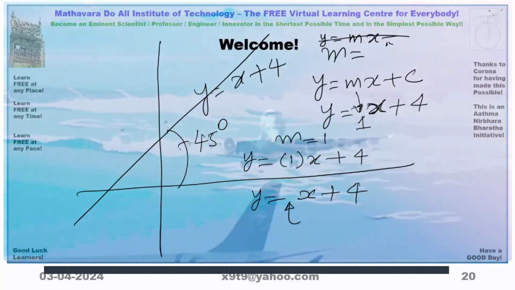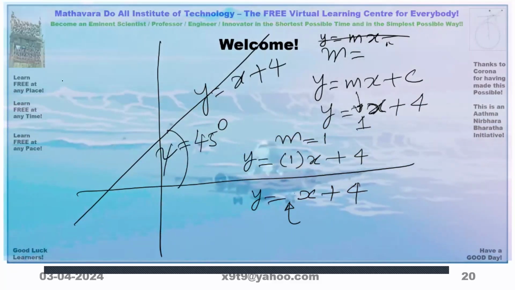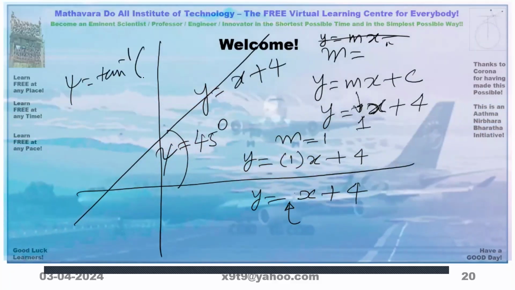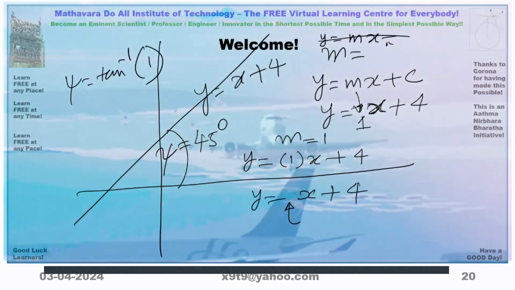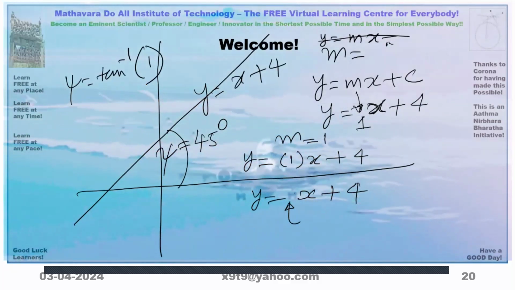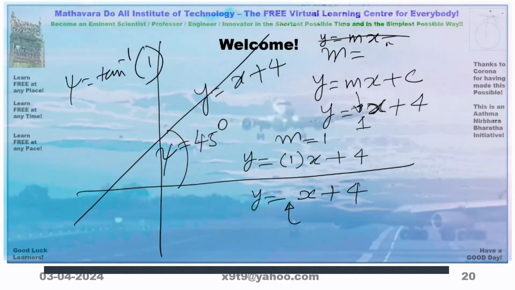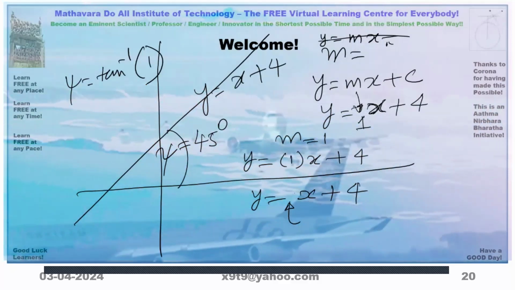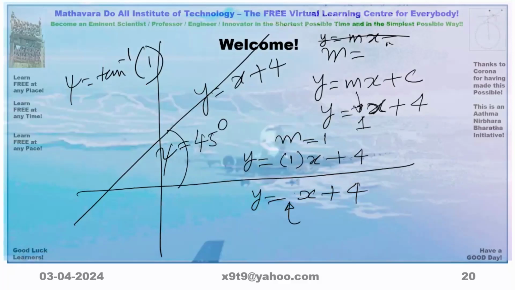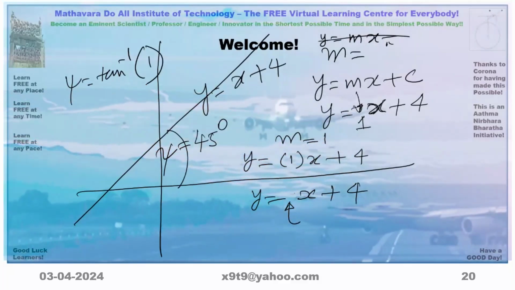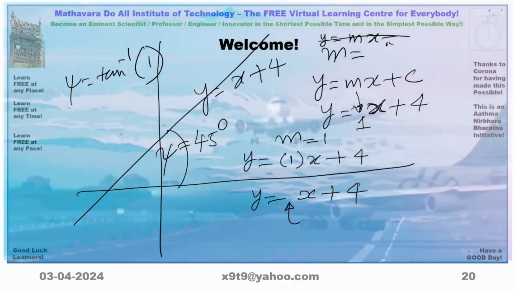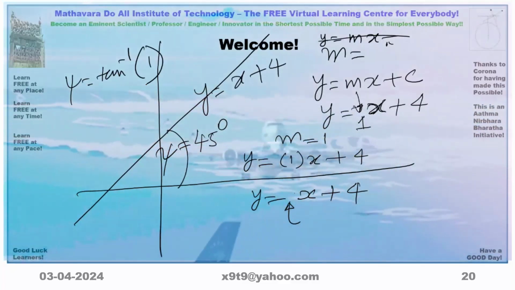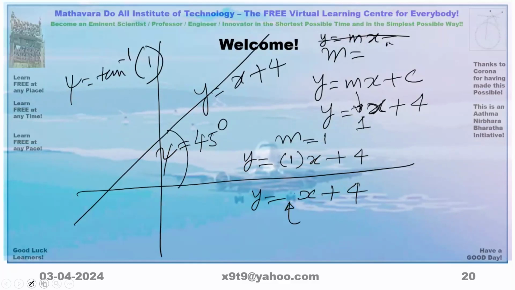If we call this angle psi, that is equal to tan inverse of 1. In trigonometry, I gave you the idea that you can remember the values of some standard angles like 0 degree, 30 degree, 45 degree, 60 degree, 90 degree. You're able to follow?